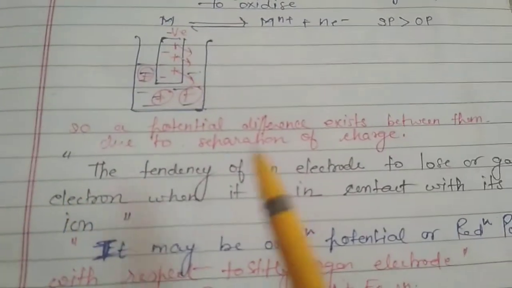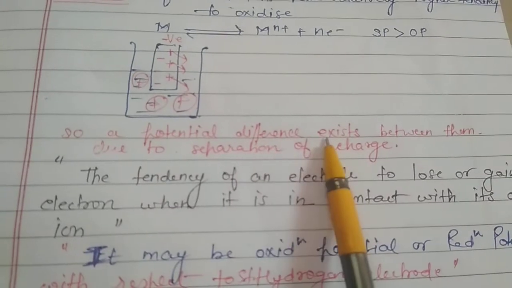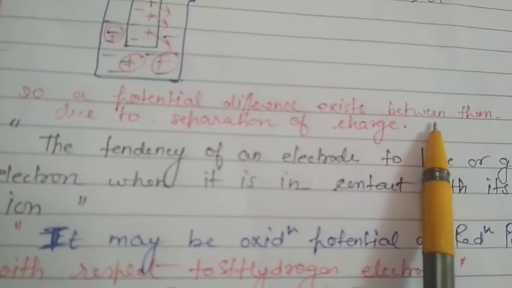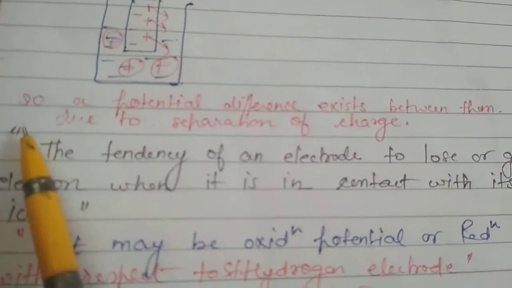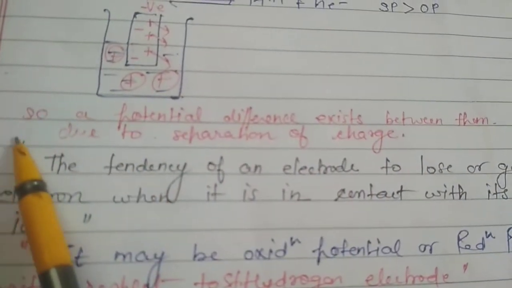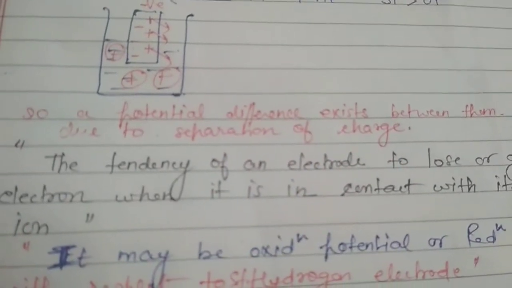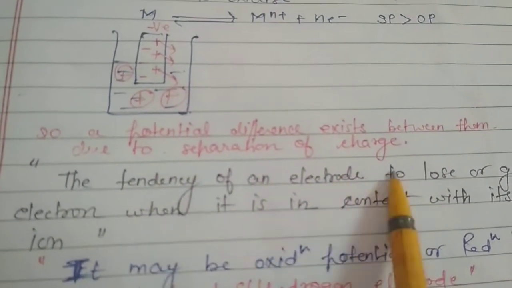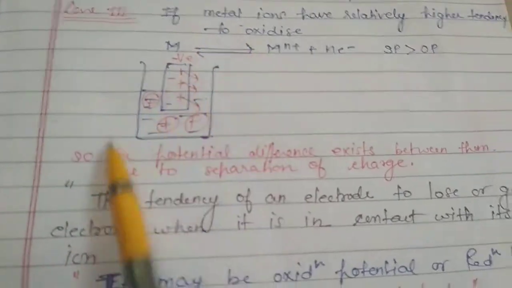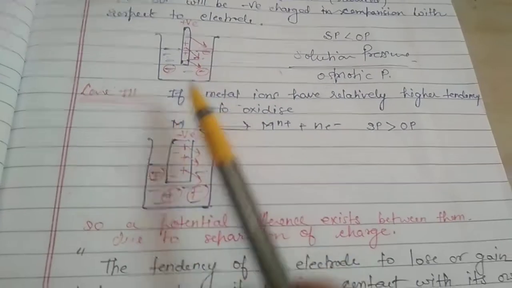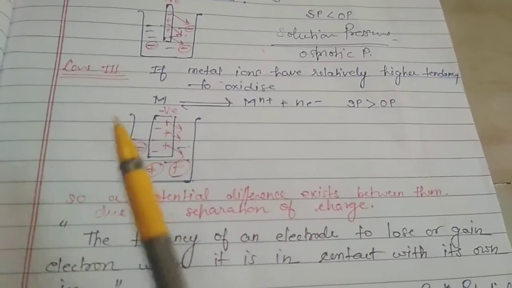So finally we may say a potential difference exists between them. It is due to the separation of the charges. As I have told you, the potential difference develops in both processes due to the separation of the charges, as we have seen.